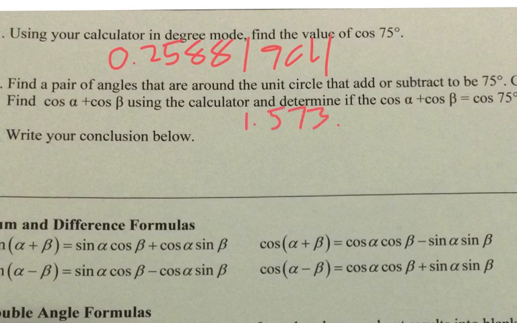So if I were asked to find cosine of 75, could I just find cosine of 30 plus cosine of 45 and add them together? No. It doesn't work.